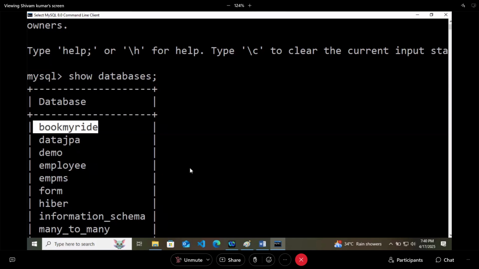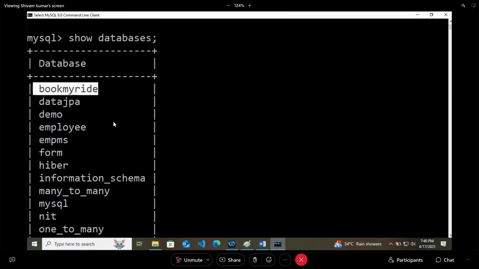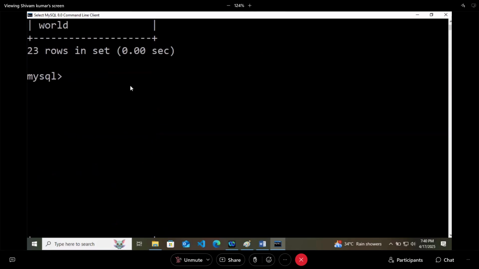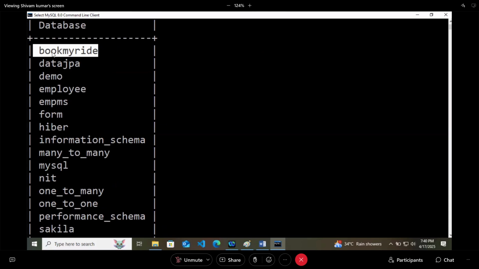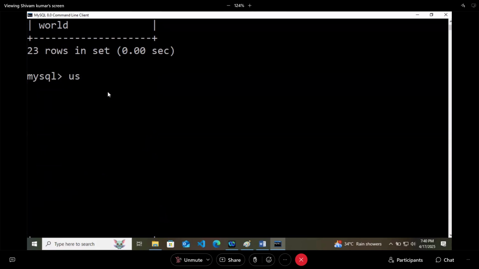If a ticket is available, the data was going into the database. So I will show you this database only, book my ride. Now I want to use this database: use book my ride.